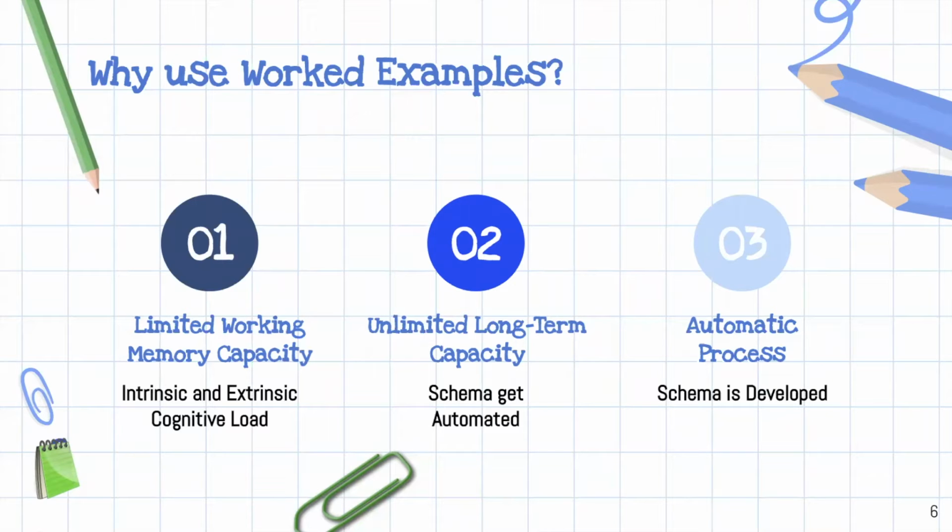Now, if I go back to the limited working memory, what happens there is I have intrinsic, which is what's going on in my brain, and extrinsic, which is what's happening with the teacher. How did the teacher set these up? So that's huge because extrinsic is a form of our working memory load, and it's imposed by many elements. And like I said, it can be the part that the teacher's explaining, the presentation.